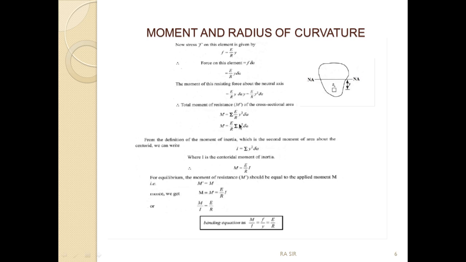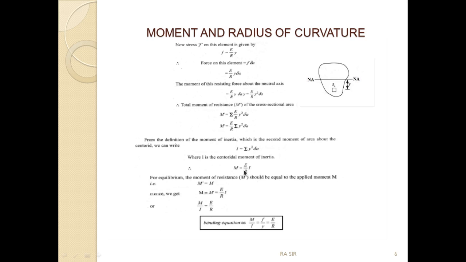Now this y square dA is very familiar to us, because from the definition, it is the moment of inertia, the second moment of area about the centroidal axis, denoted by I. So we can rewrite the equation in a compact form as M dash is equal to EI by R, right?